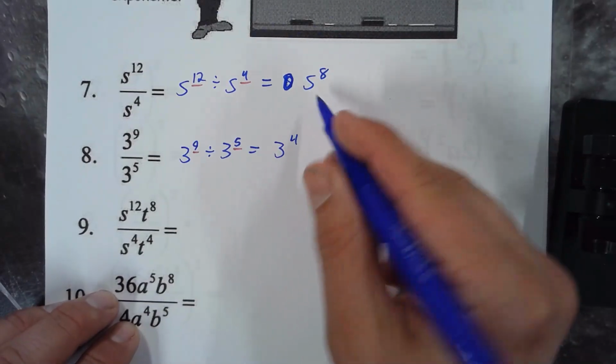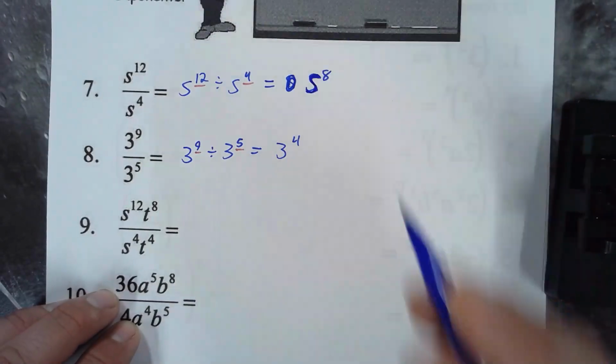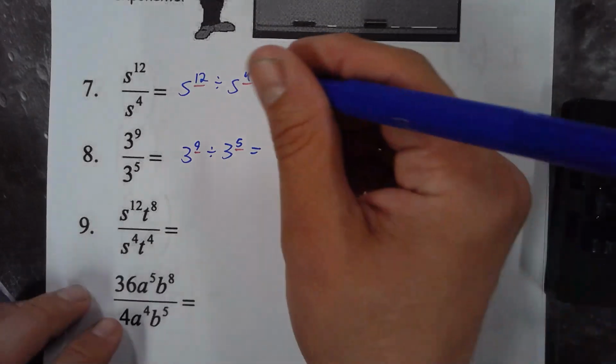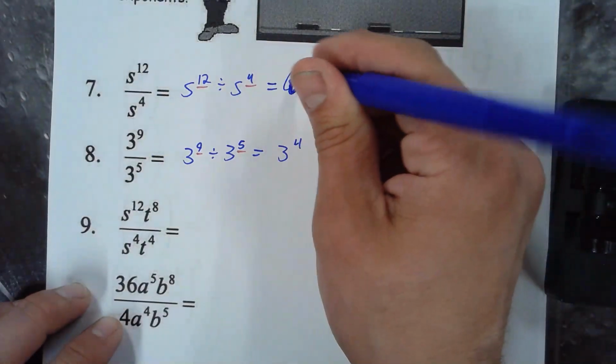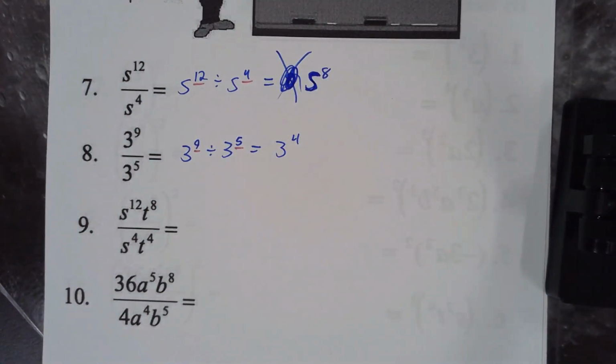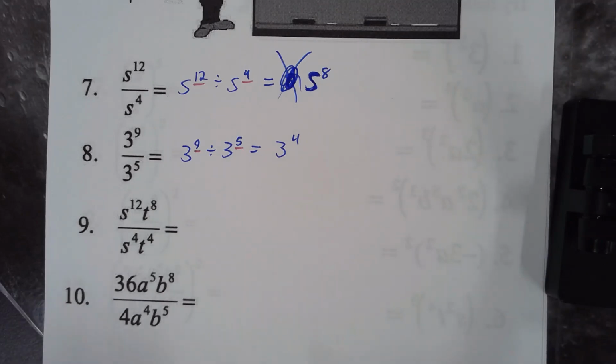Oh, that's an S. Yeah, I'm sorry. My S's do look like 5s, don't they? That's a scribble. I messed up. Okay. You want to try number 9?